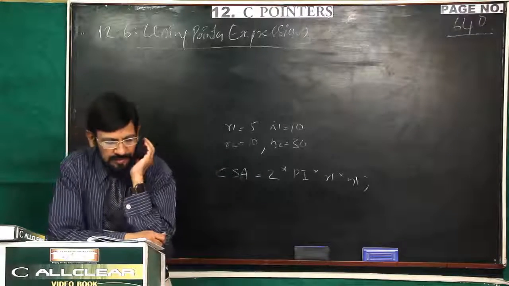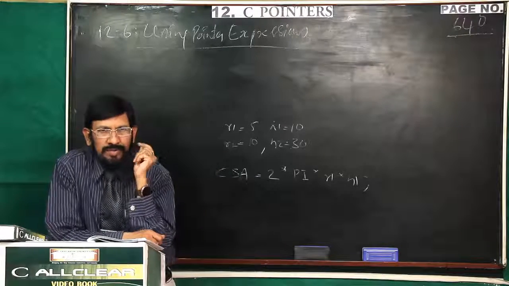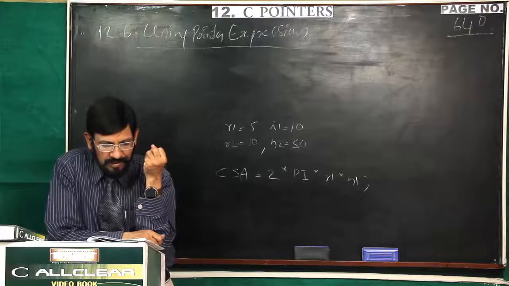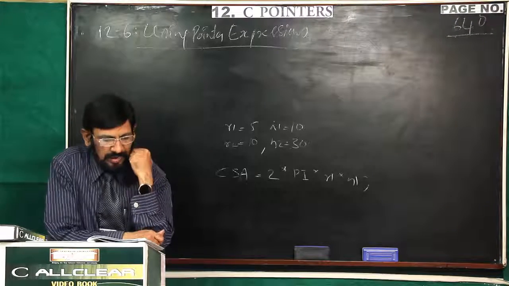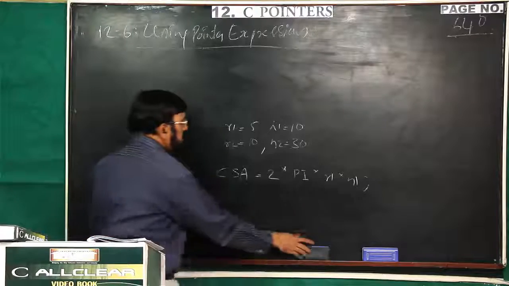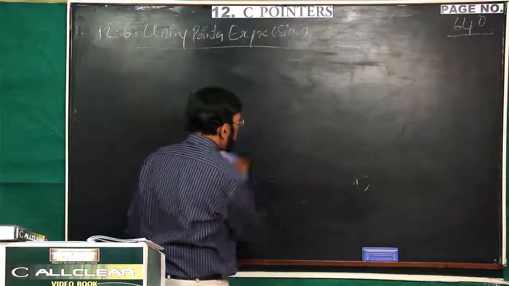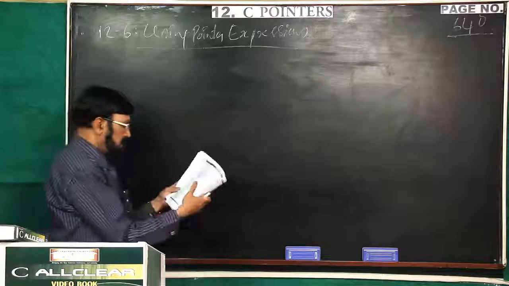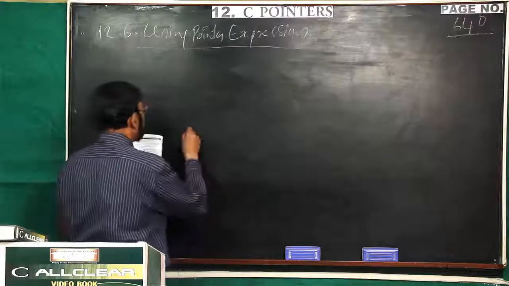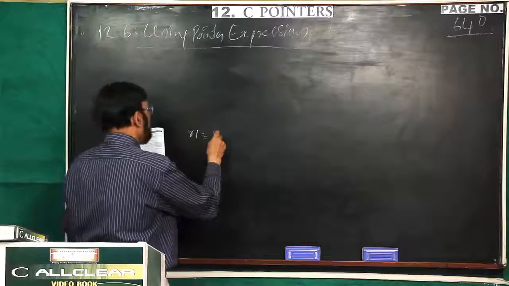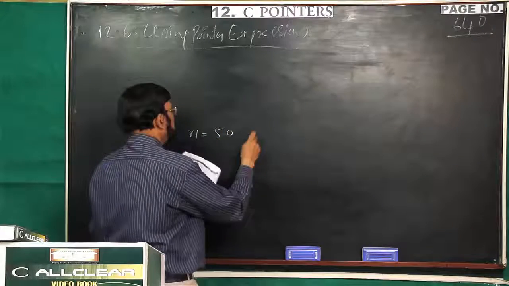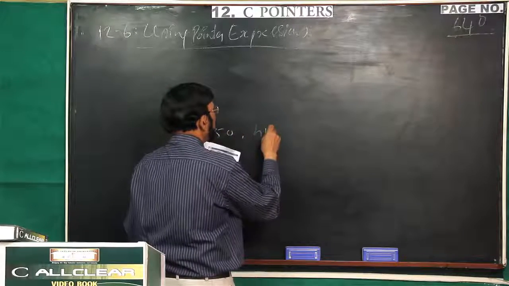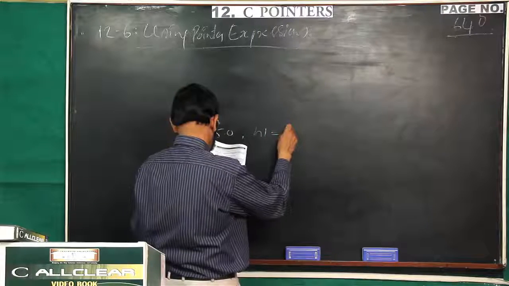Now carefully observe. Let us take only one, for everything the procedure is the same. Now the 12th line. Let us consider the 12th line and the corresponding code. R1 is 5.0, H1 is 10.0.